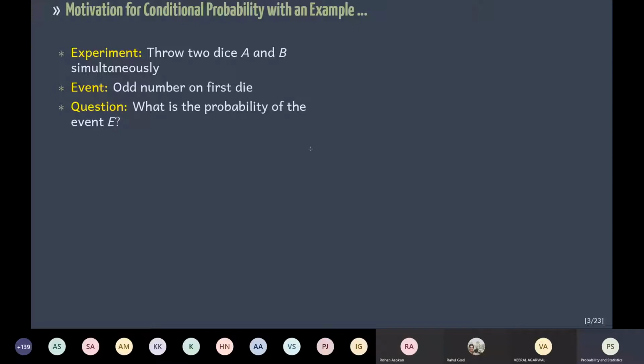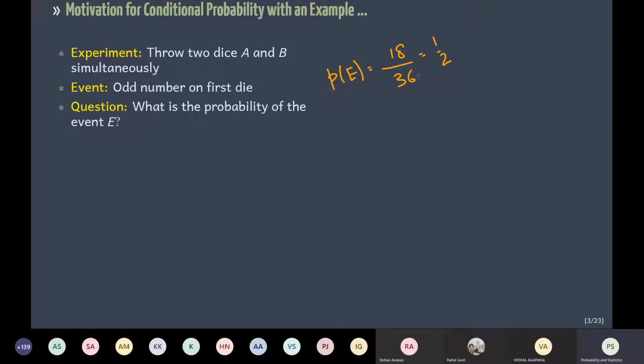Last time we did that. Having an odd number on the first die, the possibilities are 18, and the total possibilities in the sample space are 36. So the probability of the event came out to be 18 over 36, which is half.